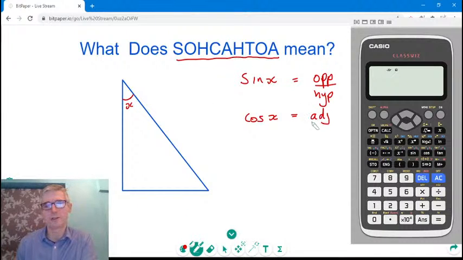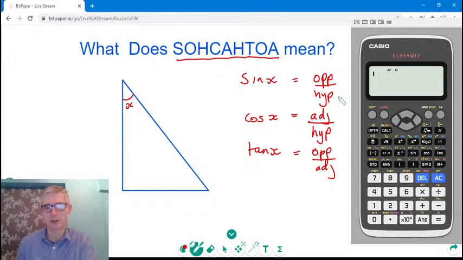I'll explain what adjacent, hypotenuse and opposite mean in a minute. And T stands for tangent, abbreviated to tan x, and tan of the angle is the opposite over the adjacent. So we need to know what all these things mean: opposite, hypotenuse, and adjacent.